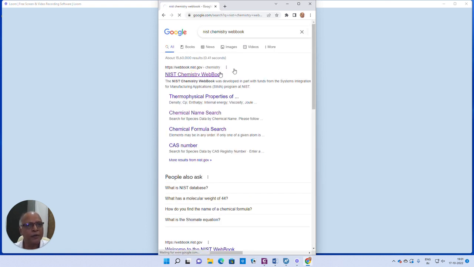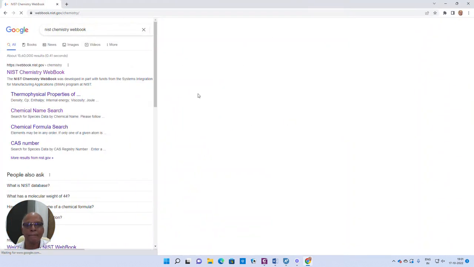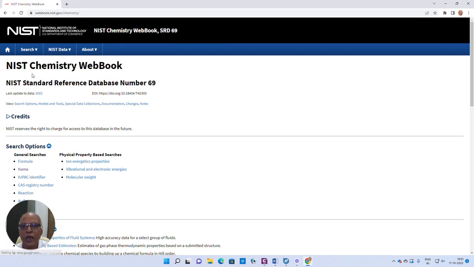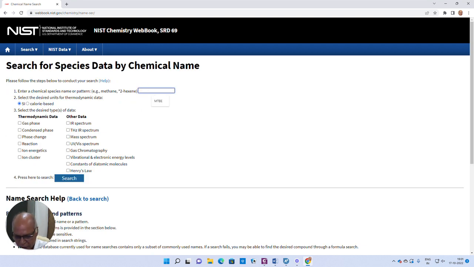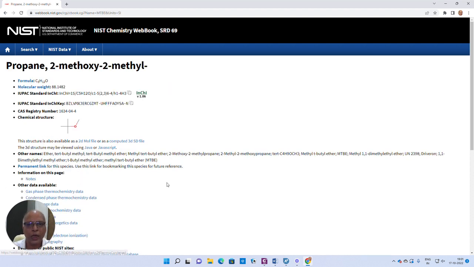Just click on this link and you will be able to search for the name of the compound in this, for example, MTBE. Search. Now you can see the chemical structure of this particular compound is already available in this NIST database, chemistry webbook.